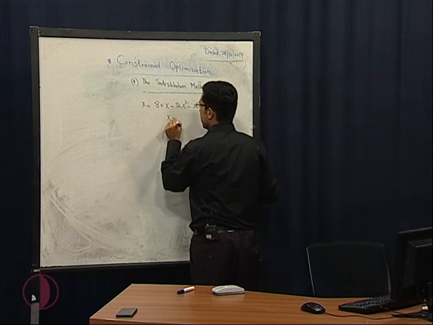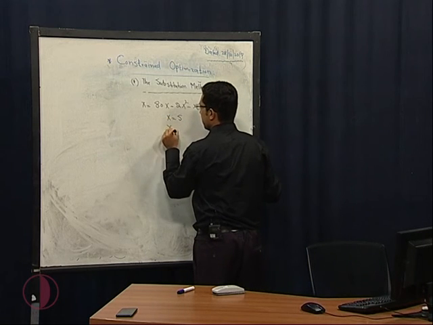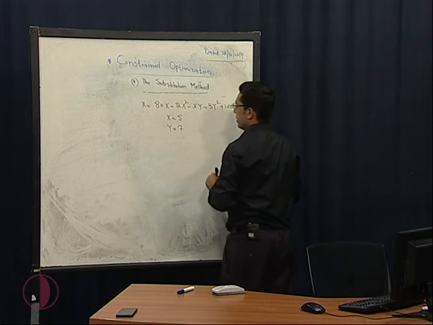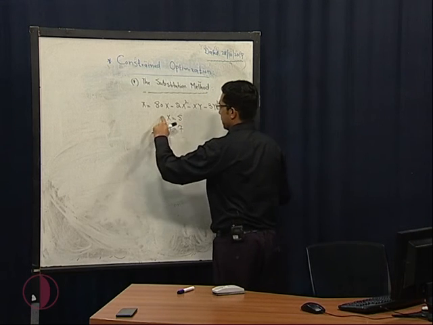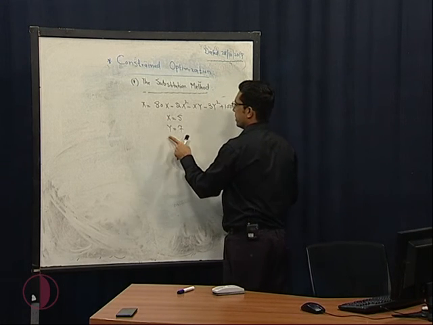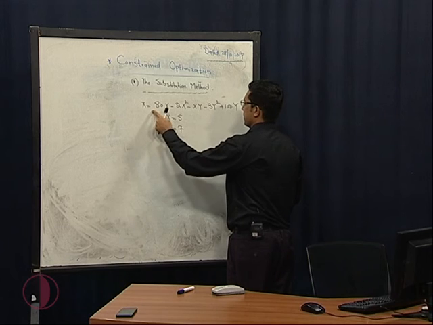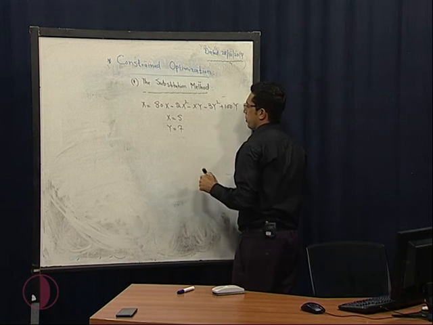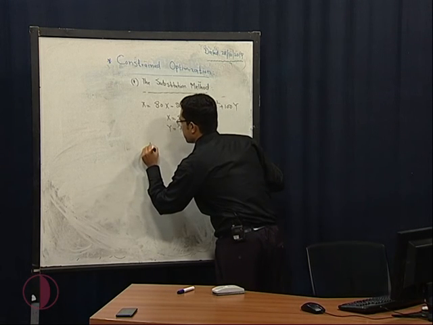As we know that x is equal to 5 and y is equal to 7, substitute the value of x as 5 and the value of y as 7 in this original function, and we can get profit. So let me substitute.